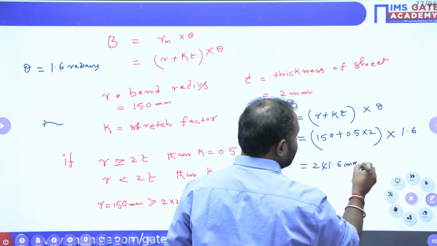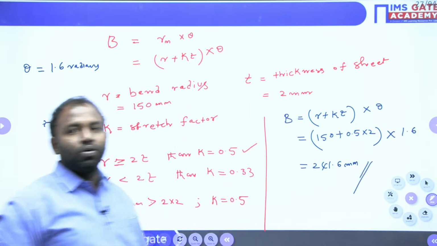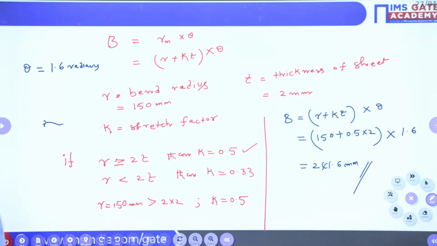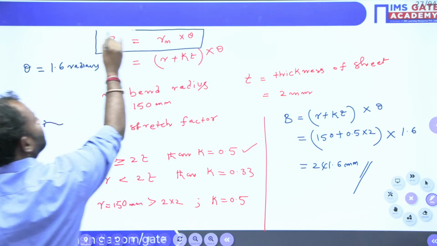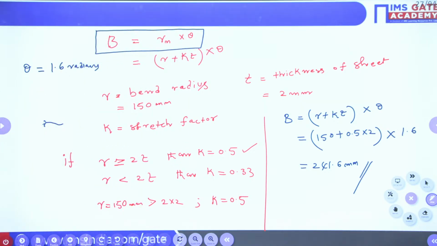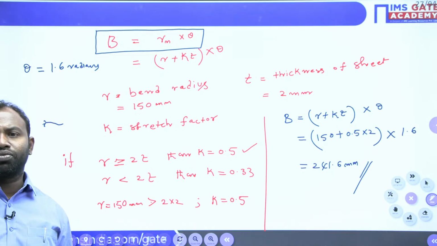Yes, guys, hope you understand the problem. So, the bending allowance can be found using this formula. Now, let's go for the next question.